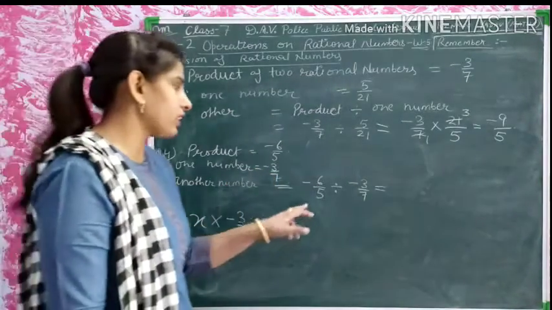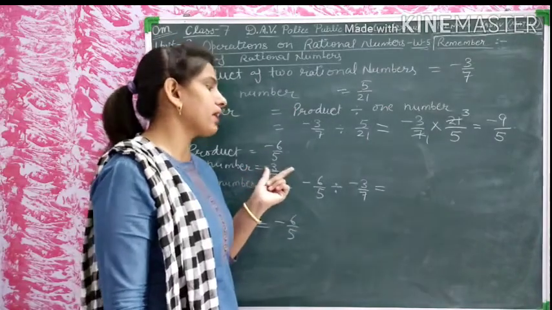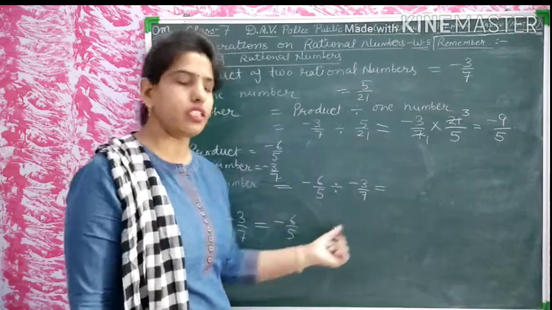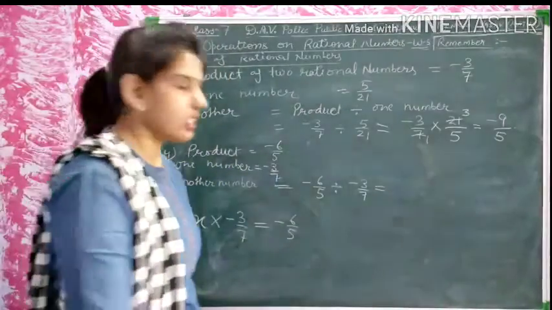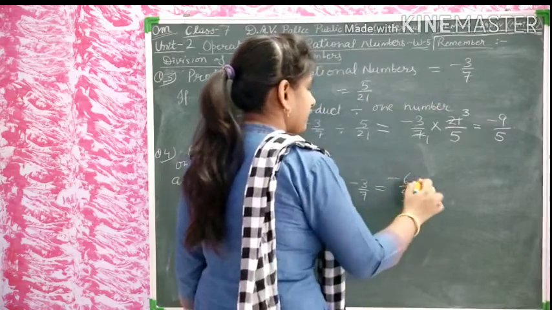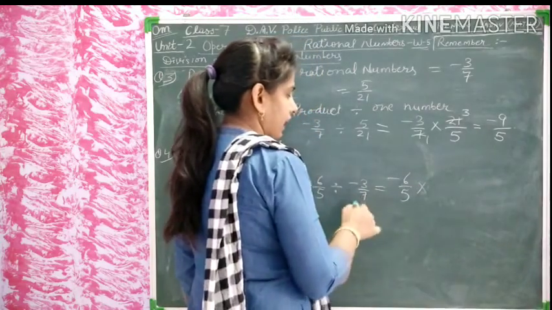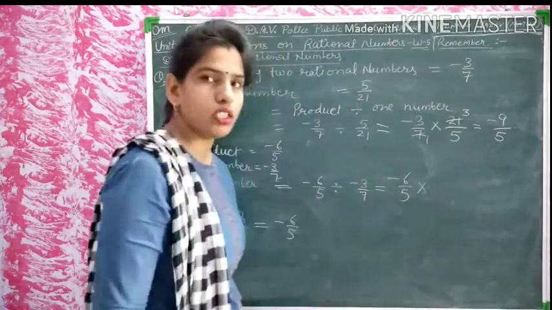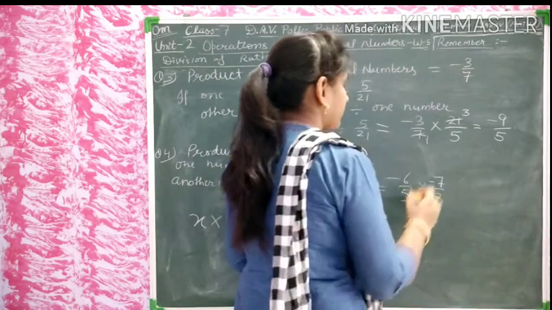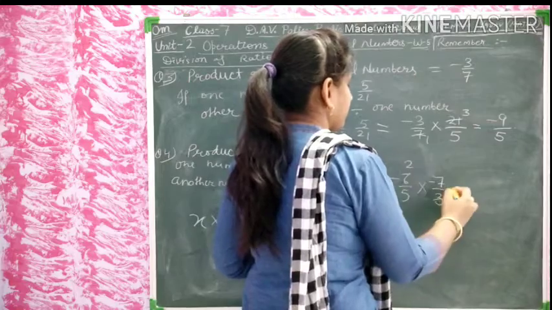To find the other number, the product is divided by one number. Minus 6 by 5, divide changes to multiply and we take the reciprocal, minus 7 by 3. 3 ones are 3, 3 twos are 6.